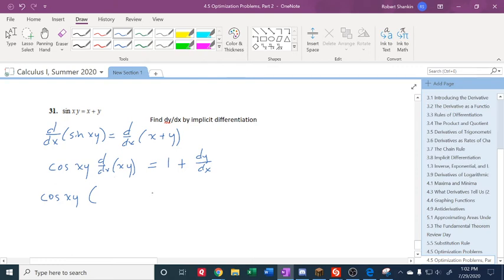And let me just give 30 seconds. If you had gotten to this point but hadn't taken this derivative, give you a little bit of time to get ahead of me.